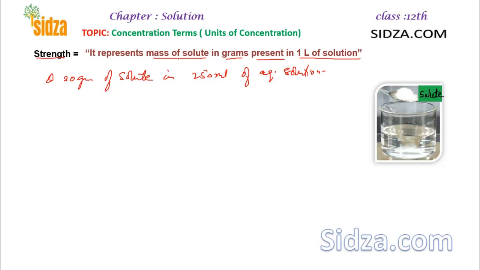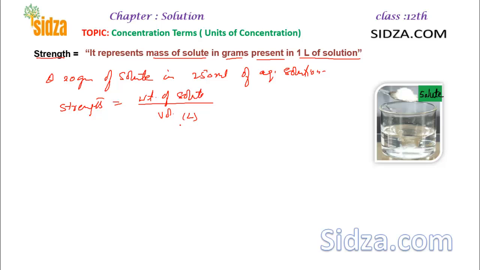As I said, strength represents the weight of solute in grams present in 1 liter of solution. That means mathematically we can say strength will be equal to the weight of solute divided by the volume of solution, but that will be in liters, correct?